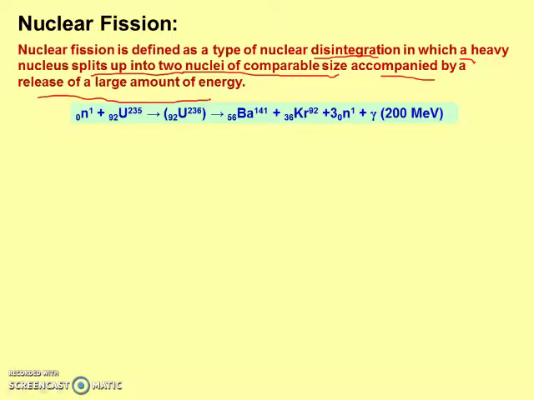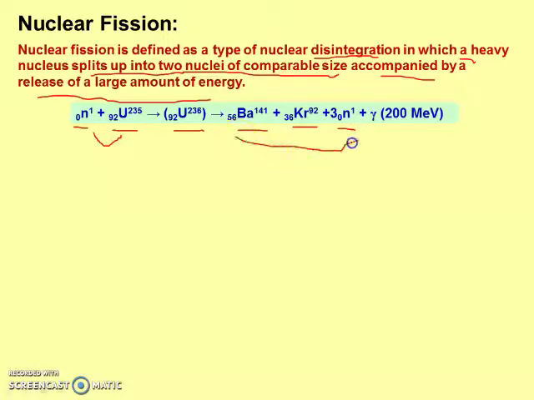Now this is an example. When a slow neutron strikes uranium 235, it becomes uranium 236, and immediately it breaks into barium and krypton along with 3 neutrons.